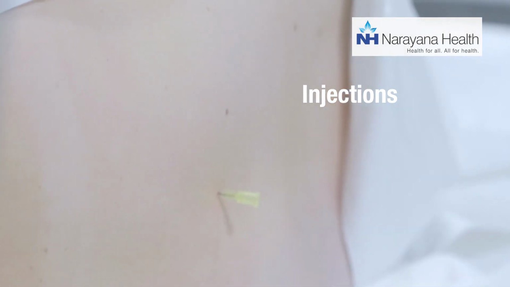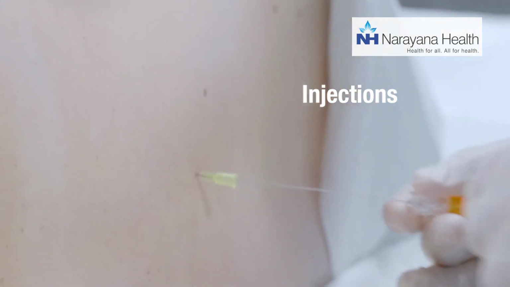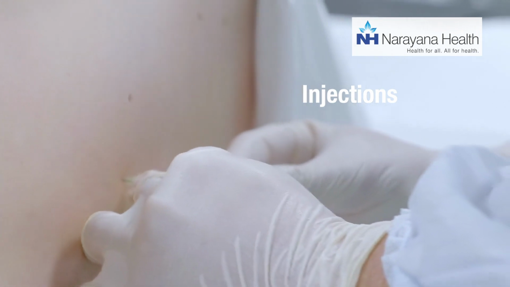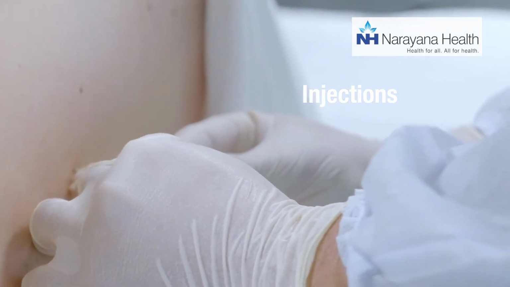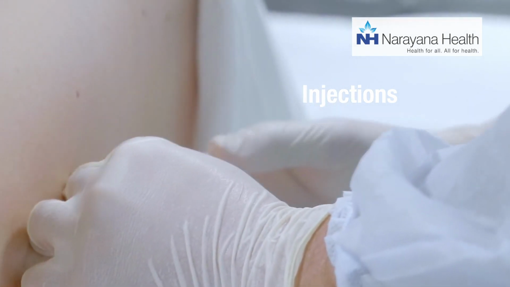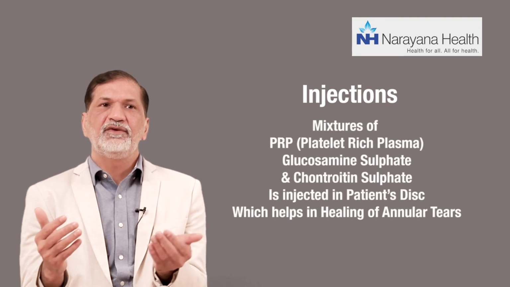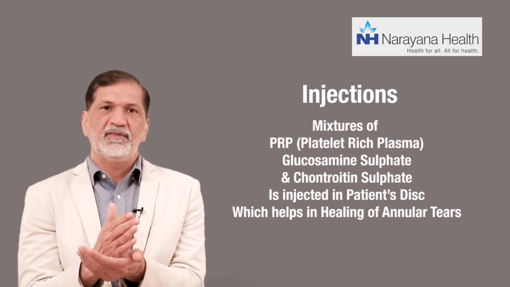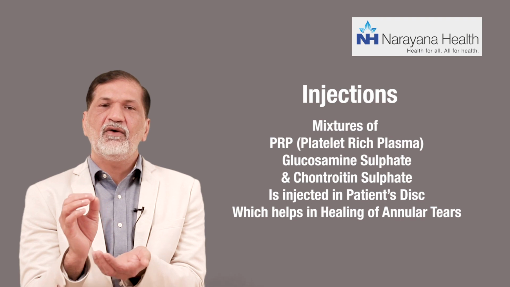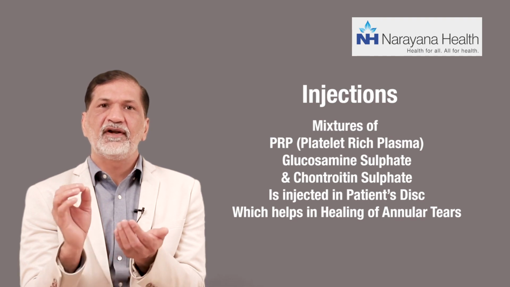As I told you before, we give injections inside the disc to diagnose it, and at the same time we put a small amount of steroid into the disc, or carbopapain, which was used earlier in our education time. Now we don't use carbopapain because it is found to create many bad effects. Nowadays we use platelet-rich plasma or stem cells or glucosamine sulfate, chondroitin sulfate.